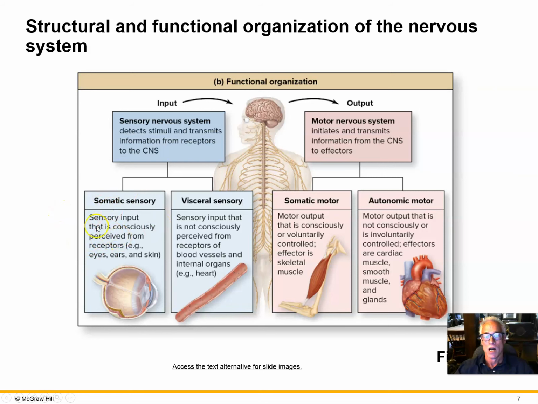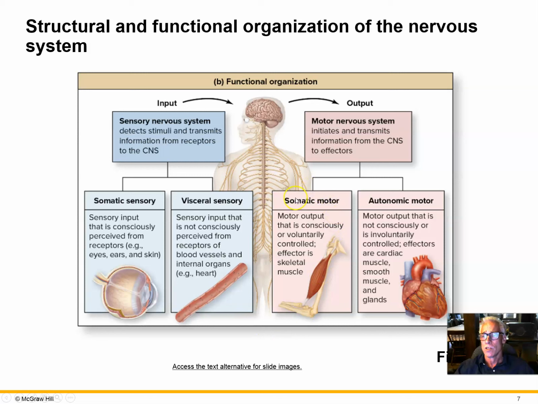All those are somatic sensory experiences. Visceral sensation means all the neurons that are monitoring our internal organs, that we really don't have any idea about until things go very, very wrong, and then sometimes there'll be a kind of a crossing over of sensations in the visceral divisions over into the somatic divisions, and we begin to get an idea that something's wrong.